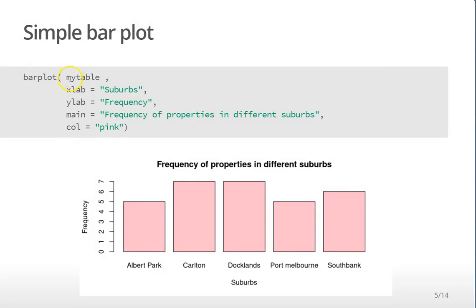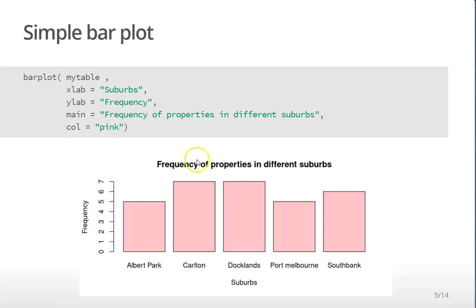Can you remember? I allocated the table to an R object, which was called my table, right? The first argument is one table because barplot takes a table, right? And this is a table. Then I'm going to give the x-axis a name. I'm going to call it suburbs. For the y-axis, ylab equals frequency.